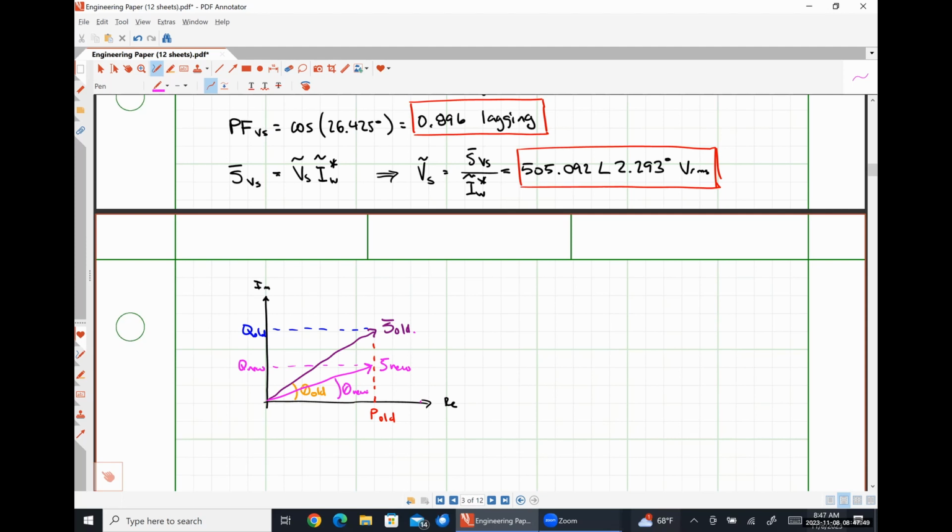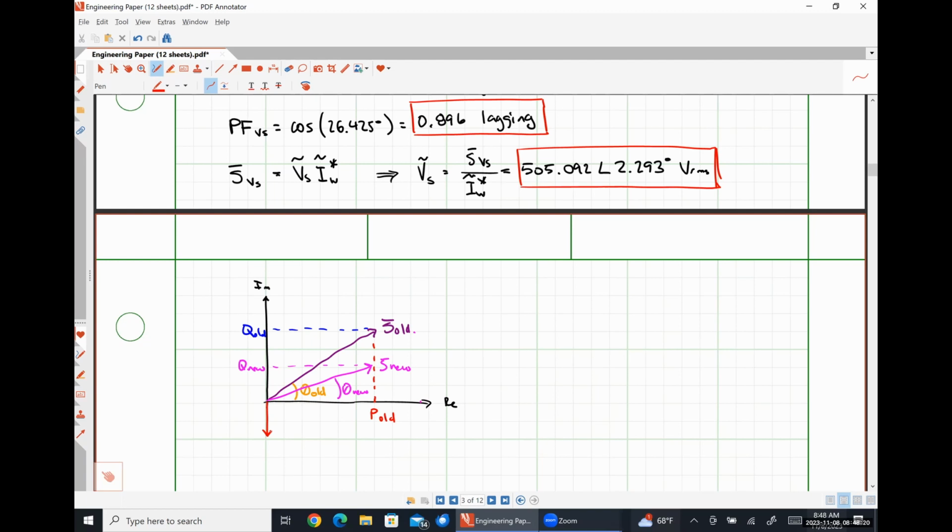Now, let's talk about how this is done practically. We are effectively being required to inject some amount of negative absorbed reactive power into our system, right? So this guy right here, vector pointing down, is what we're adding into the system in order to make this happen.